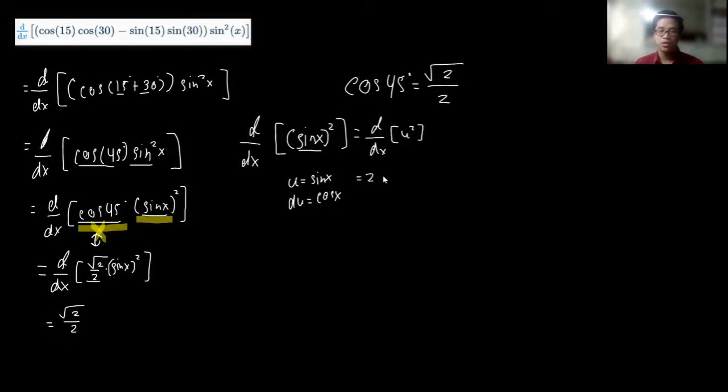Bring down the exponent, copy the variable, then subtract the exponent by 1, times your du. So you have 2u times du. This is 2 times sine x times cosine x. Therefore, you have 2 times sine x and cosine x.